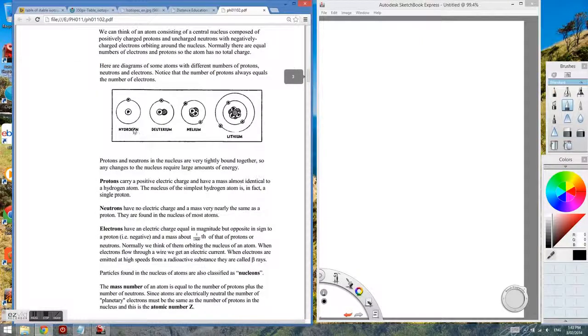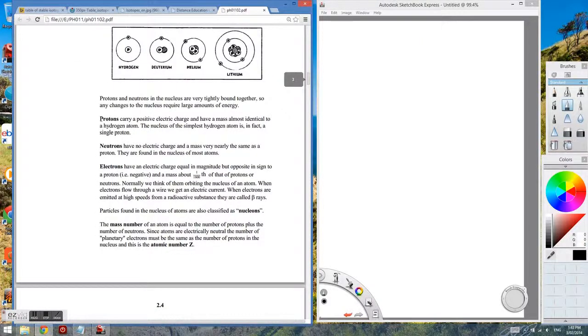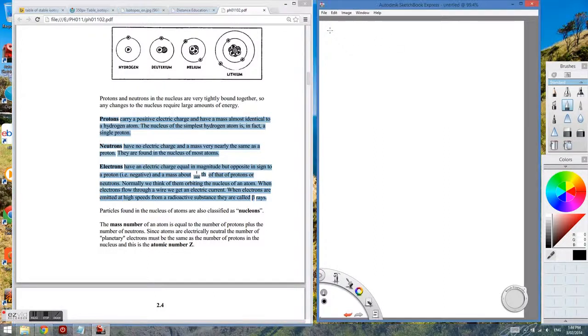The first note I would like you to write down will be this. Just copy it down in your notebook. What is a proton? What is a neutron?